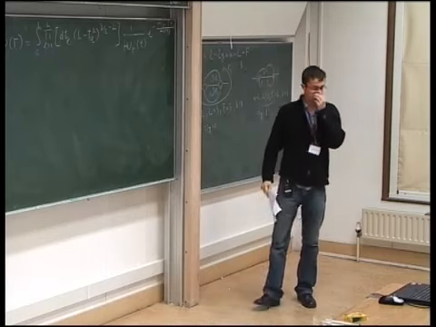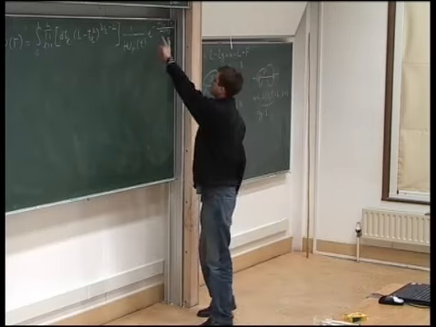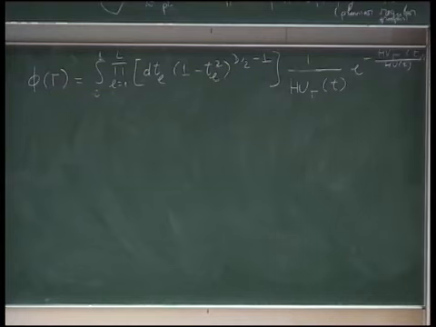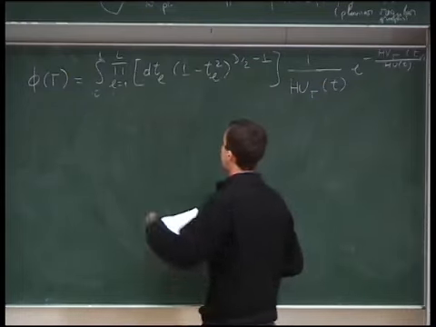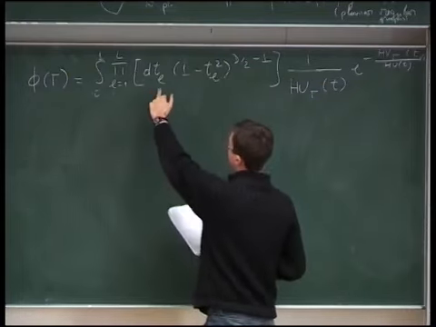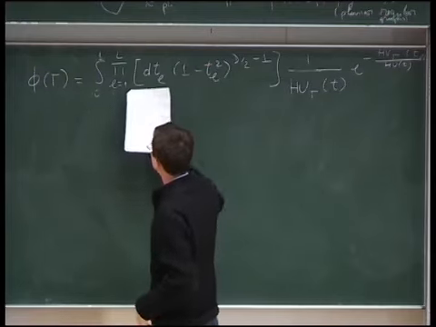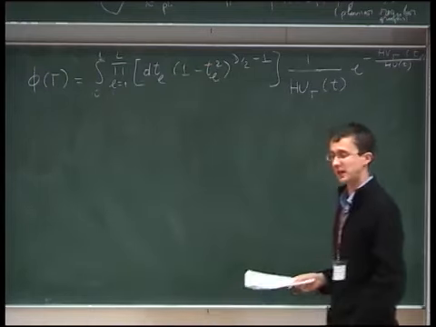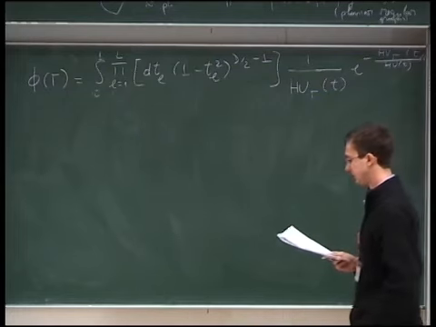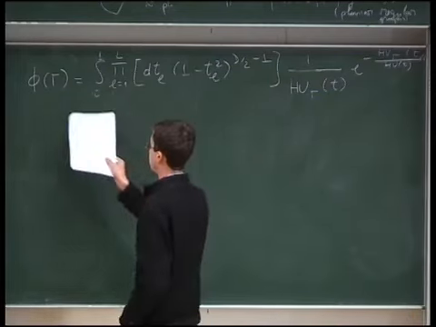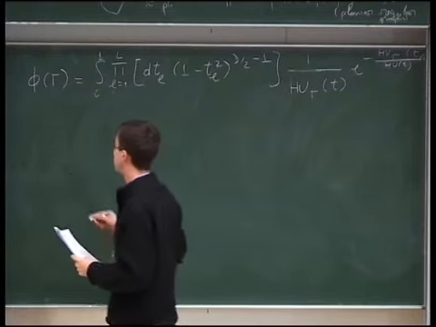These are the two polynomials HU and HV that were shown to you yesterday, and t are some parameters. For each internal line l from 1 to big L, one has a parameter t, and one can express the Feynman amplitude in this way.